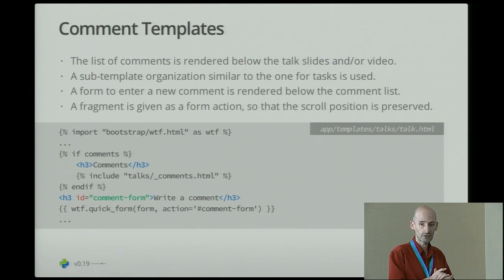So if comments is not none, I show a header with the comments title and then the list of comments, which I'm going to show in the next slide. And then below the list of comments, I'm going to show my form so that you can enter a new comment. And that is, again, rendered as a quick form.